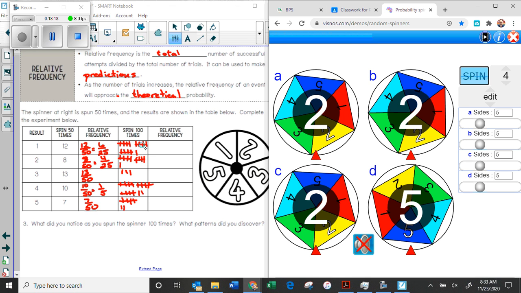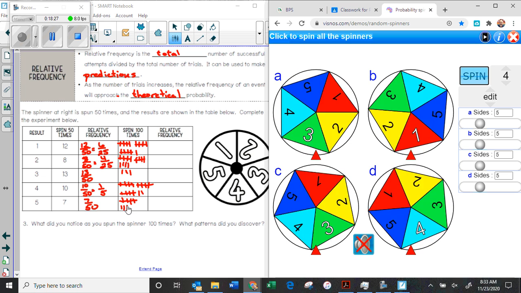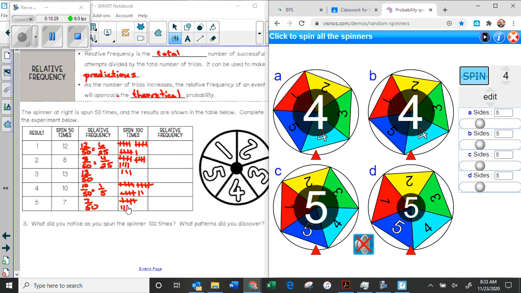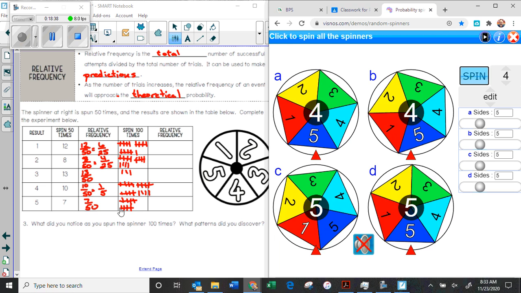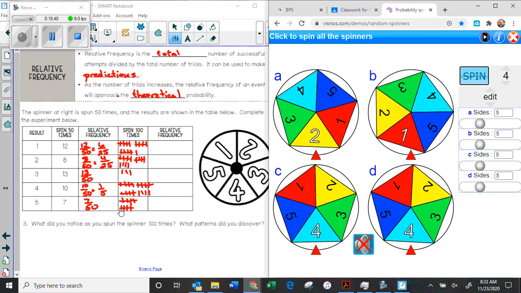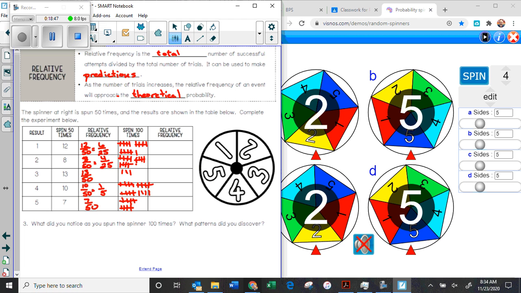2, 2, 2, 5. So 1, 2, 3, 5. 4, 4, 5, 5. And 2, 2, 5, 5.